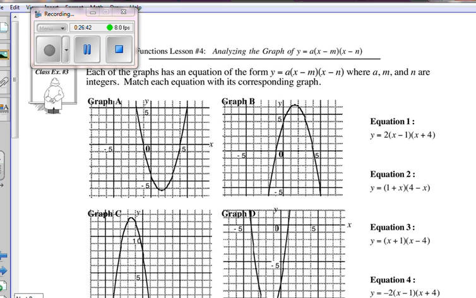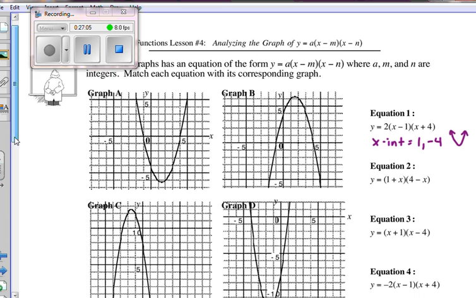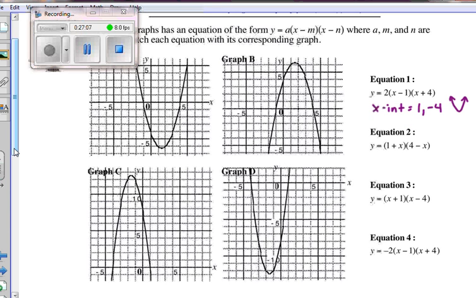It says match each graph to the corresponding equation. So let's look at the equation. Equation 1, x-intercept should be what? +1, -4, and opening, which direction? Up or down? Up. So who has an x-intercept of 1 and -4?